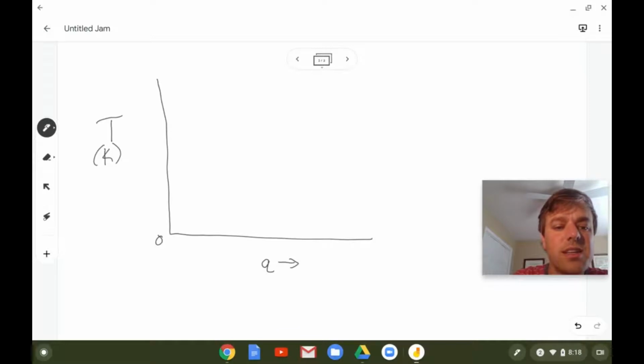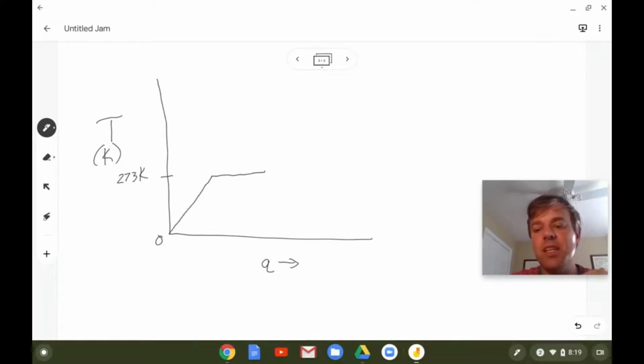As we start adding heat, the temperature will rise because it's solid and we're heating it up until we get to a very specific point, which would be 273 kelvins, also known as 0 degrees Celsius. At that point, that ice would stop increasing in temperature and it would begin to melt. And that happens at exactly the melting/freezing point.